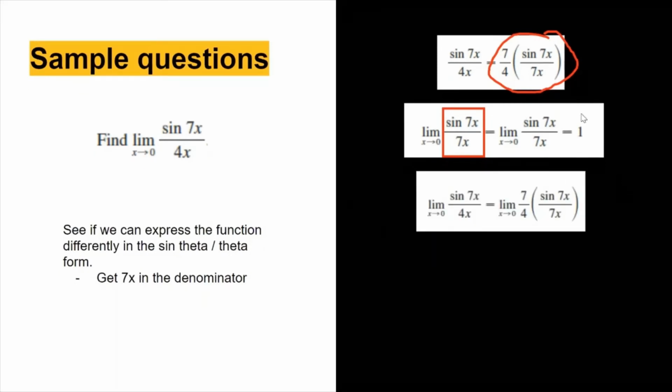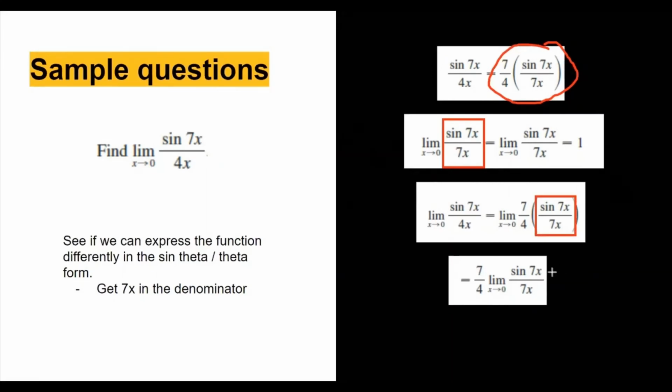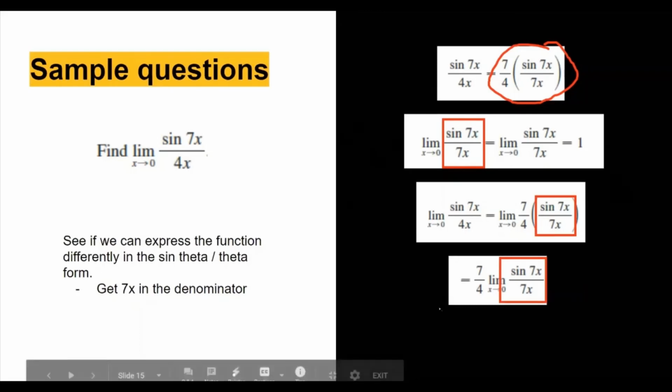If this part is turned to 1, this entire thing again turns to 1. Again, this will all be down to 1, and our final answer would be 7 by 4.